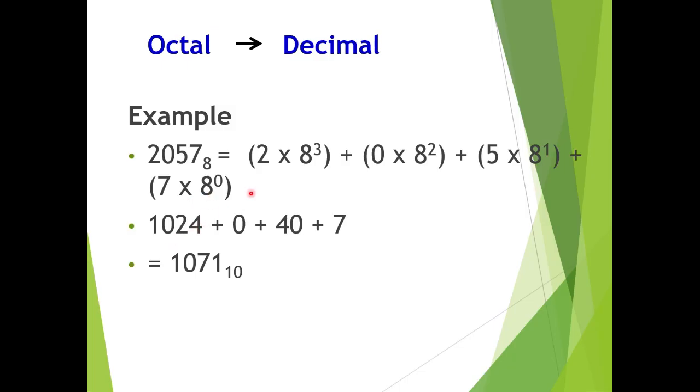So 8 power 3 is 512, into 2, so you will be getting 1024. Then 0 into anything is 0. 8 power 1 is 8, 8 into 5, so 40. 8 power 0 is 1, multiplying by 7 you will be getting 7. So 1024 plus 40 plus 7 you will be getting 1071 to the base 10.